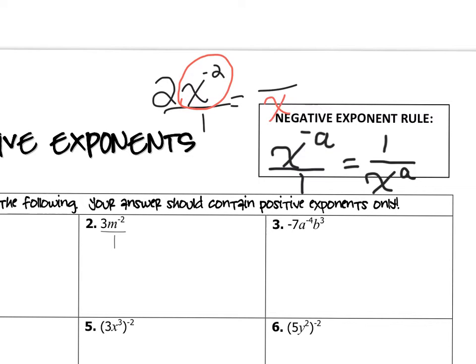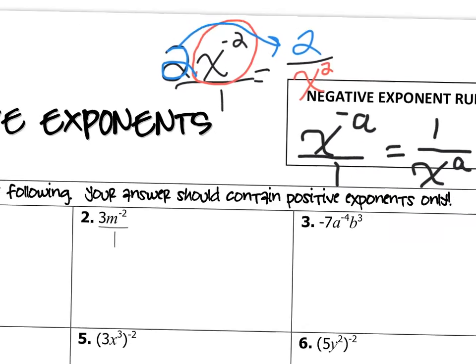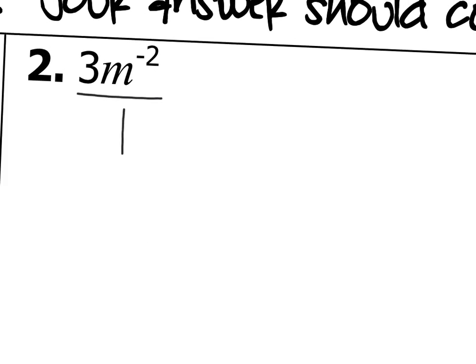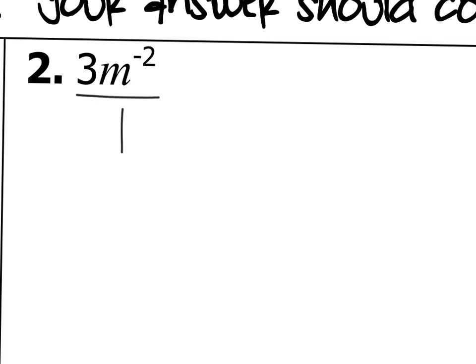So x to the power of 2. And then this 2 right here, it stays on the top. So the only thing that moves down with the exponent is the variable. The coefficients don't move down. So in this case, I see I have m to the power of negative 2.